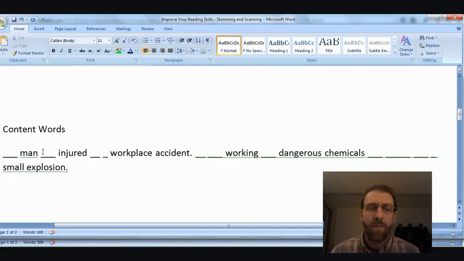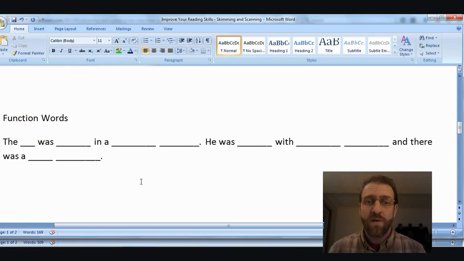As you see here, man, injured, workplace, accident, working, dangerous chemicals, small explosion, you really get a feeling for what's happening in this sentence, even though it's not grammatically correct. Now, on the other hand, if we take out all of the content words and only look at the function words, we'll see that we're really left with nothing. The, was, in a, he was, with, and there was a what?